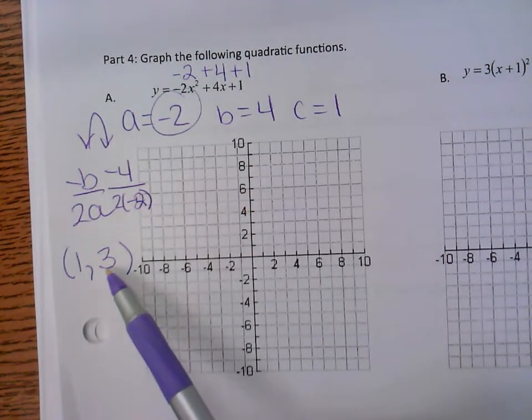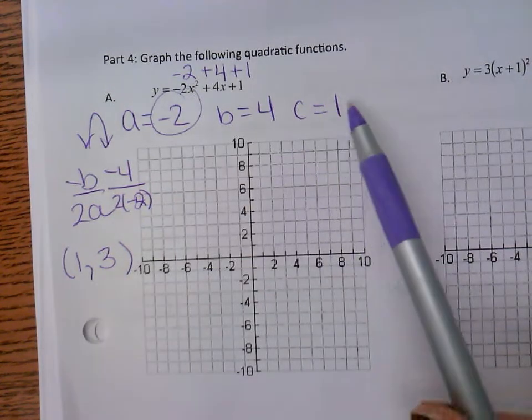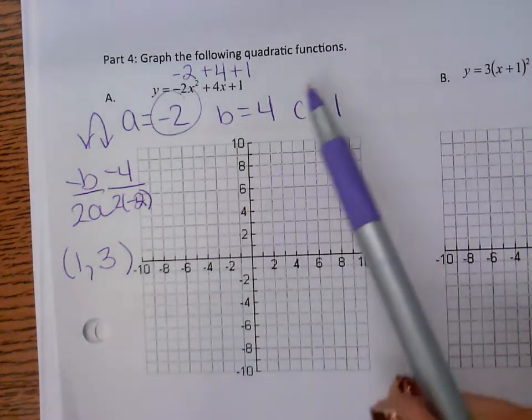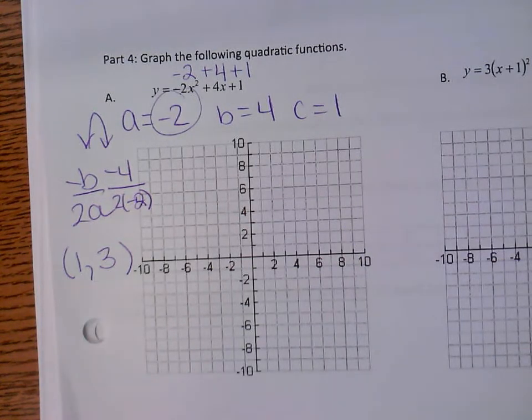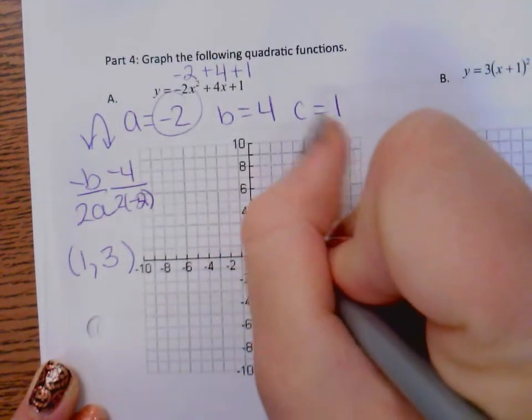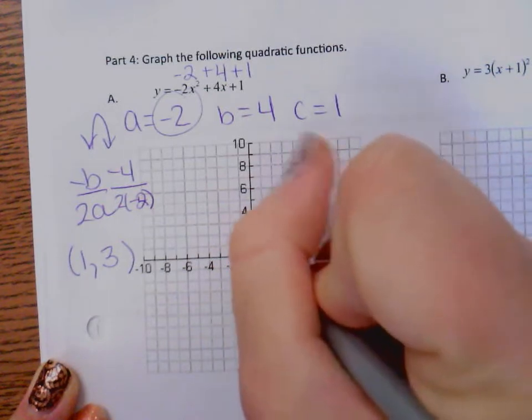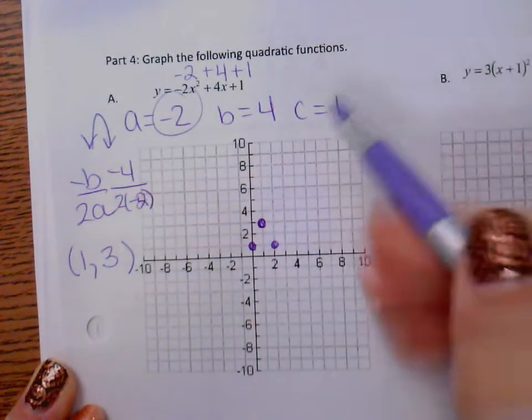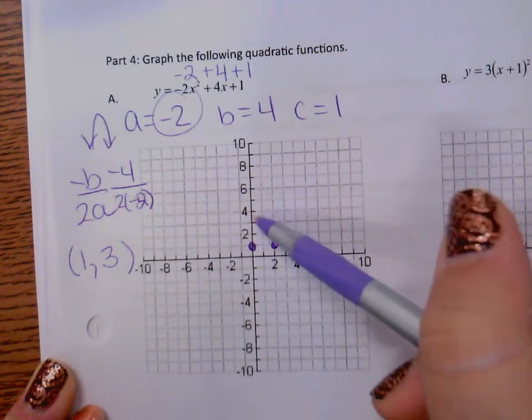So 1, 3 is the vertex. You already told me that 1 is the y-intercept. And then you're going to graph it with a steepness of 2 upside down. So I'm plotting 1, 3. I'm plotting my y-intercept at 1. So that's my over 1 and down 2 because it's stretched.